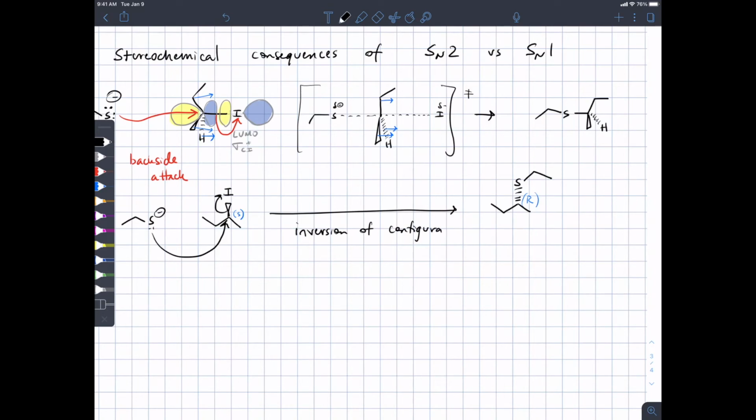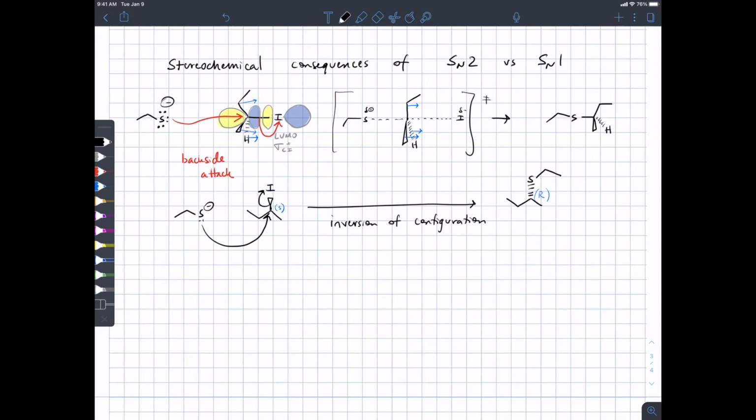And I hesitate to summarize this as S turns into R always, R turns into S always, because it will, of course, depend on the priority of the group that used to be there versus the priority of the group that you put there. In this case, we swap out iodide, which was the highest priority group, for the thiol, which is sulfur, which is also the highest priority group.